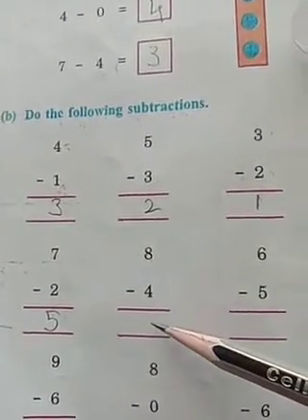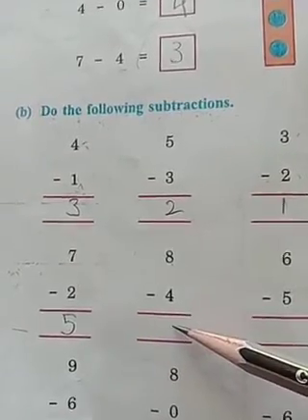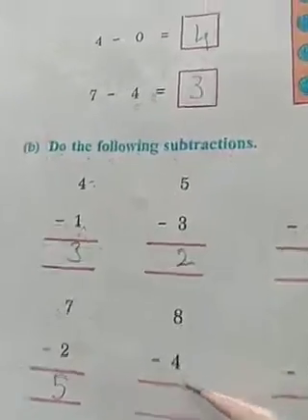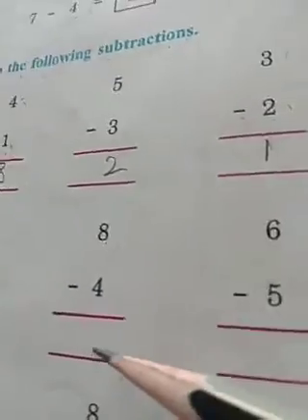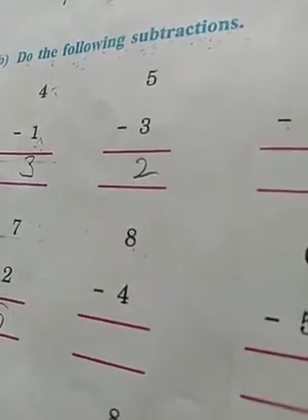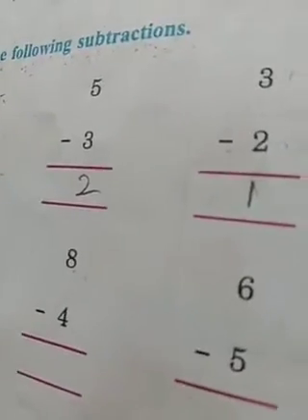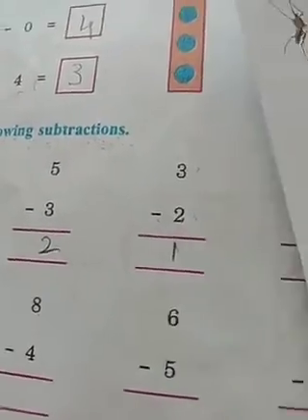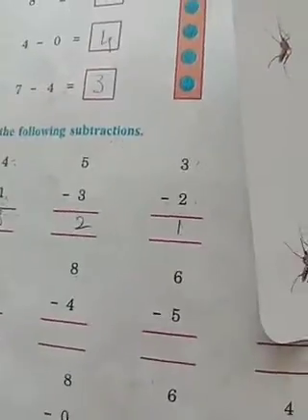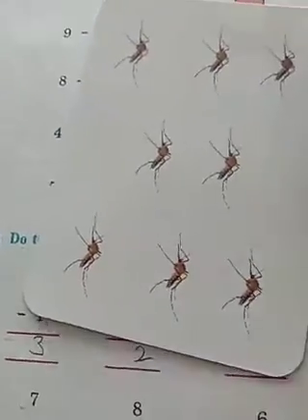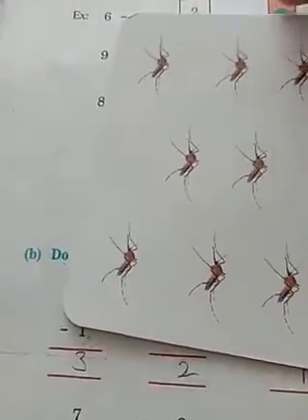So next, 8 minus 4. 8 spelling E-I-G-H-T, 8. See here, how many flies are there?